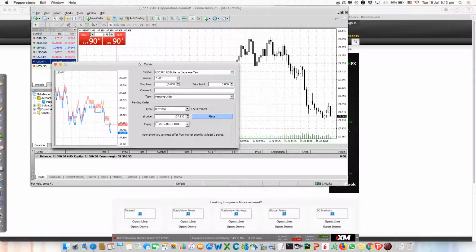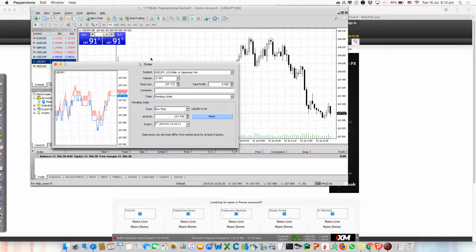If my stop loss is 22 pips below, then it is 107.71. So you see now 22 pips are basically 0.22. In the other pairs, 22 pips would be 0.0022. This is the only difference that you have to remember when you're trading Japanese yen, but all the rest is the same.